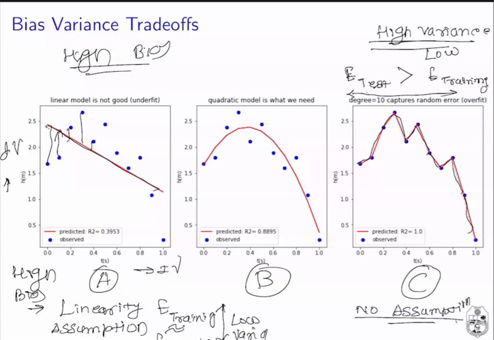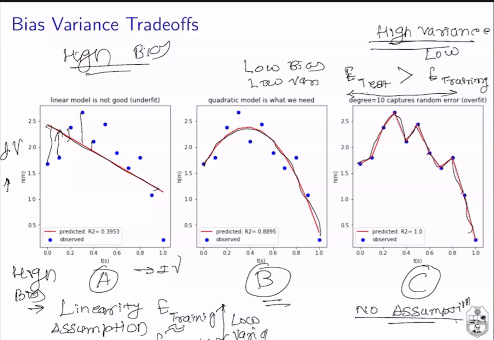So the B graph is the ideal graph, or the golden middle between the high bias and the high variance. We want to find a model or a curve which passes through each and every point, so that we will have a low bias, in which we are not making any assumption like the linearity assumption, and also low variance.